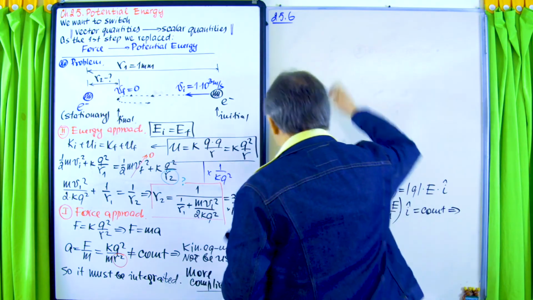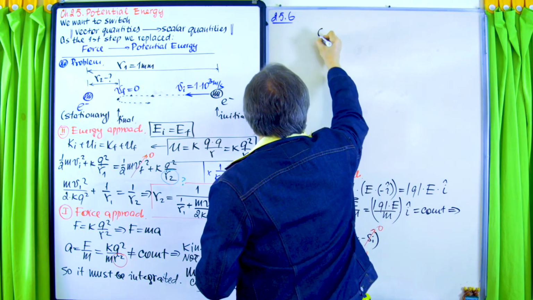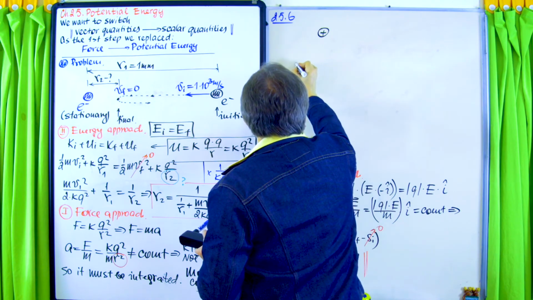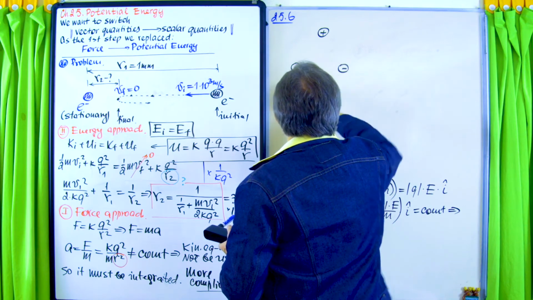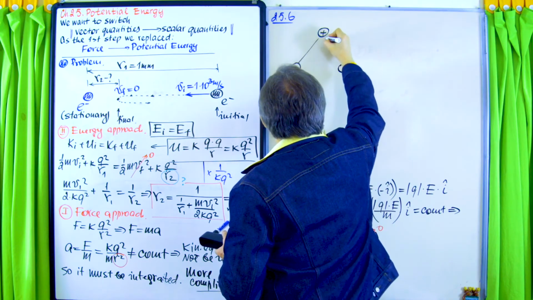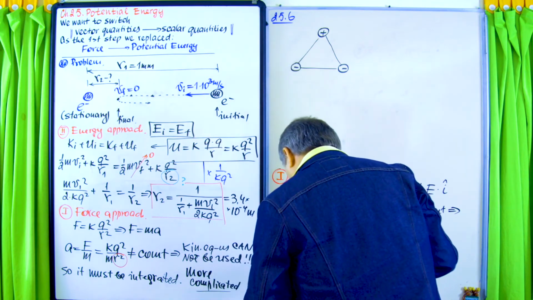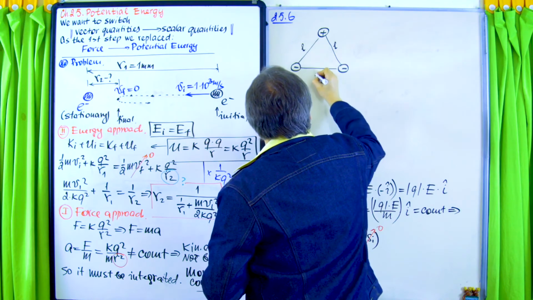Okay, so let me draw the situation. Over here there is a positive charge, then somewhere up here there will be a negative, and this is negative, and they form an equilateral triangle. So all sides are equal: L, L, L.